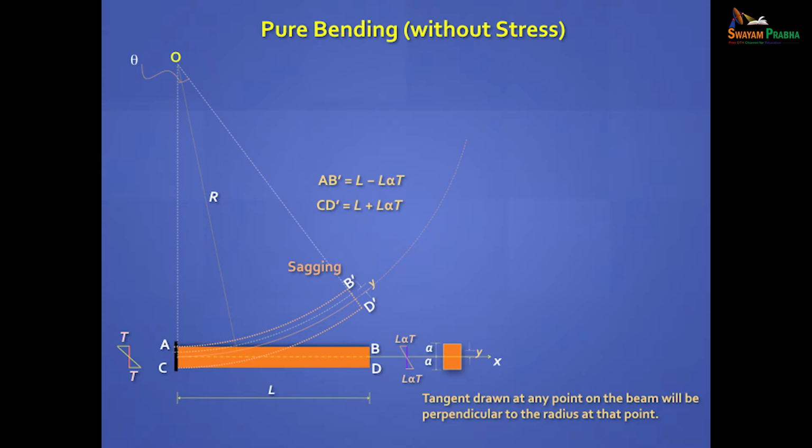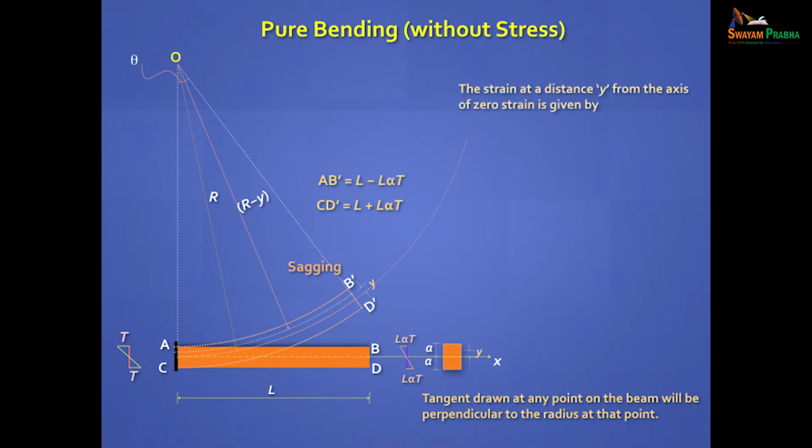Here it's horizontal. And if you take a location y above the centroidal axis or the neutral axis, we'll find fibers above have contracted, fibers below have elongated. Then the radius will be, because you're now drawing a tangent like that, the radius will be r minus y. Correct?